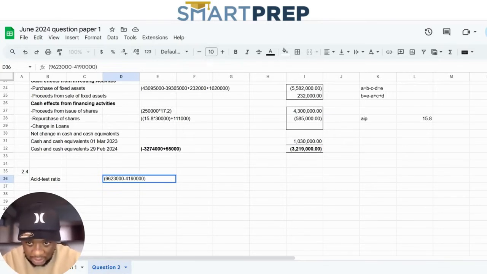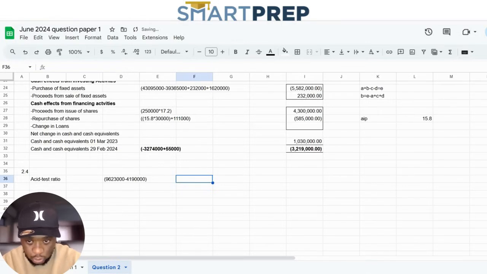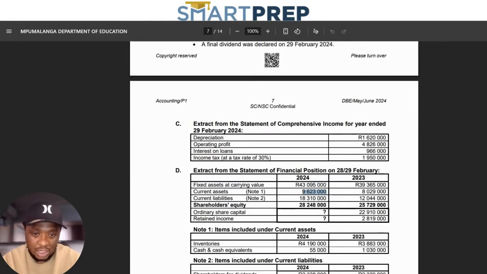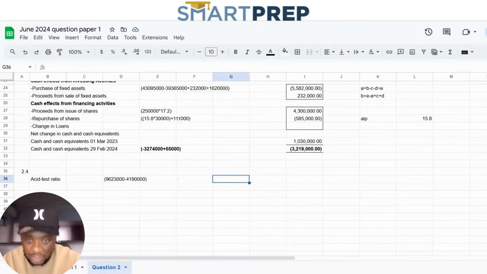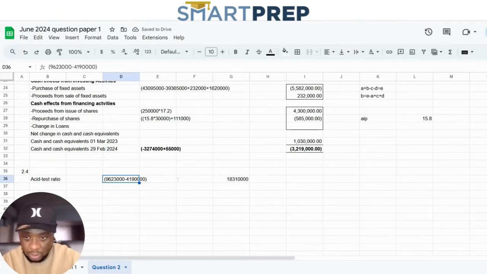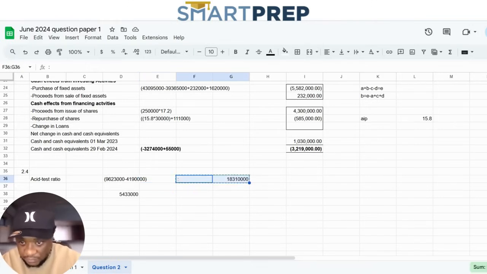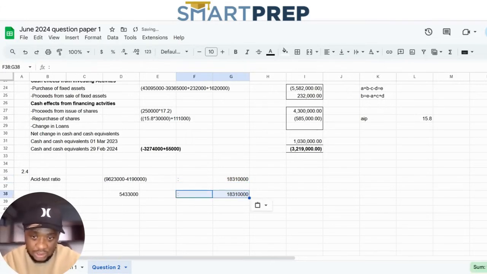Right, and then we're going to say asset test ratio, and that will be to our current liabilities. Our current liabilities, what do they work out to? You can see there that it's 18,310,000. So that basically works out to 5,433,000 is to that.